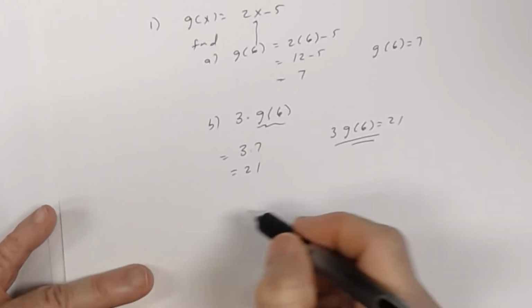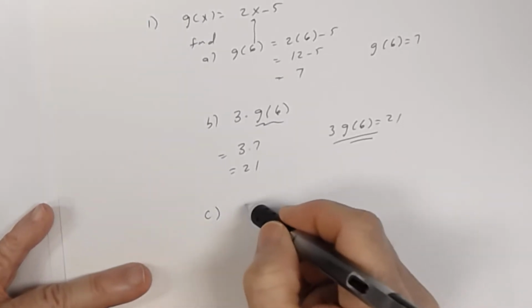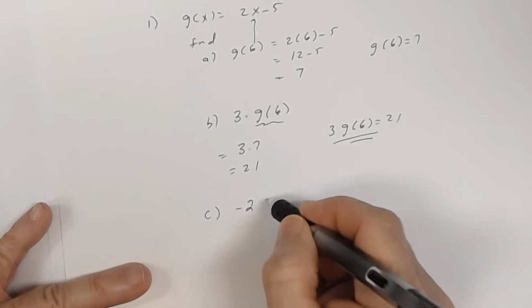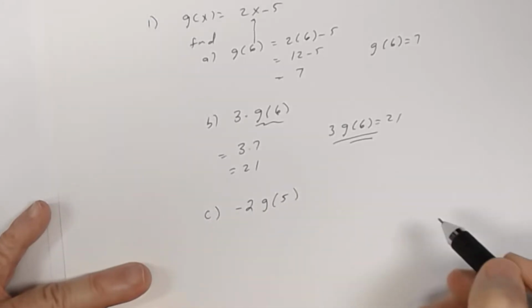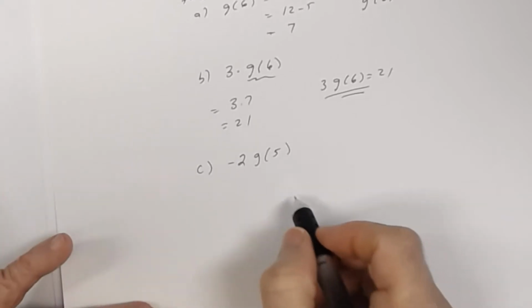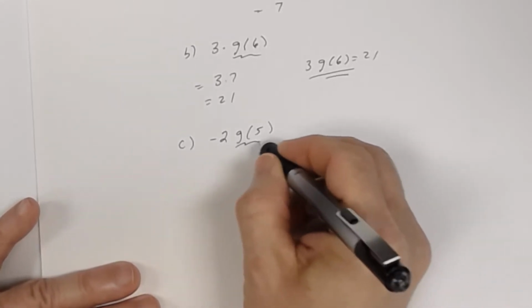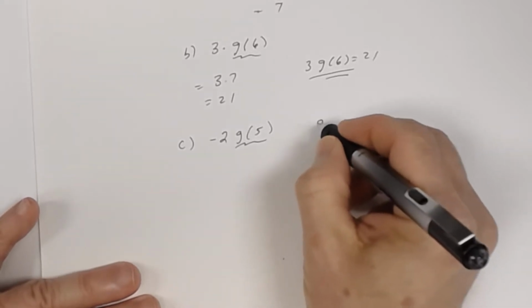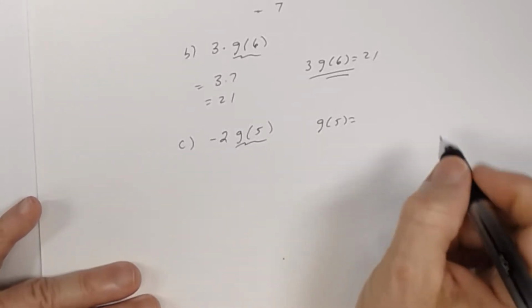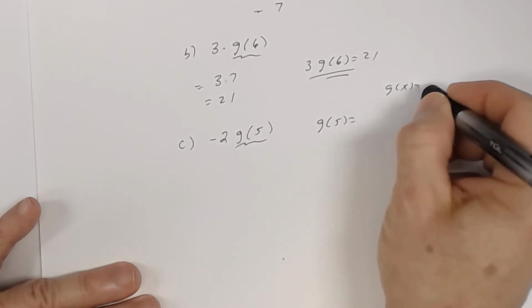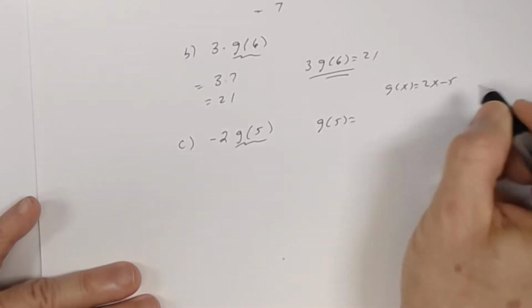All right? Now suppose we had C. Suppose in C you want to find negative 2 times g of 5. Remember how to read this: negative 2 times g of 5. So what you've got to do first is find g of 5. So let's go ahead and find g of 5. Remember g of x was this. I'm going to rewrite it. That was your function.